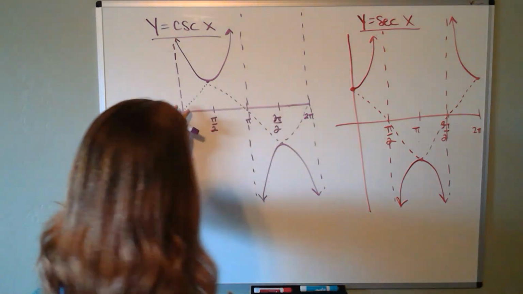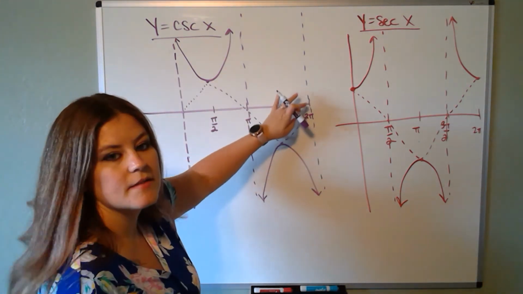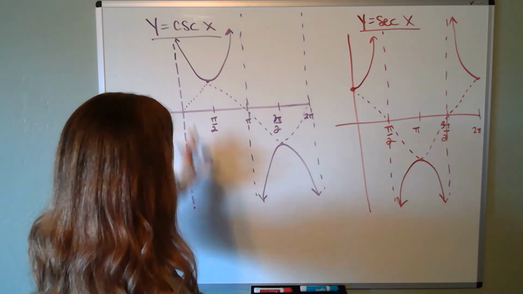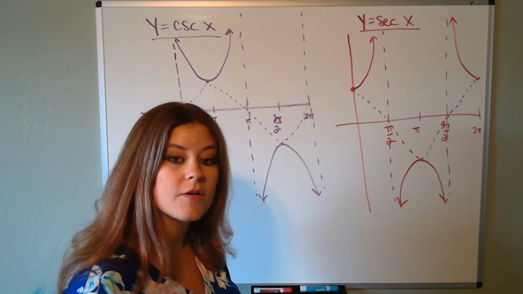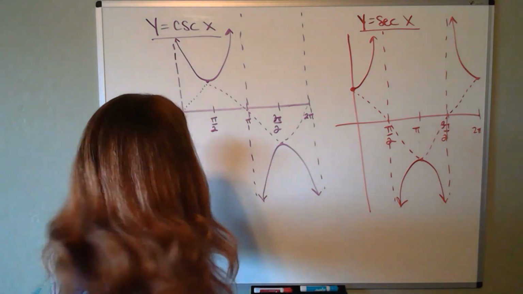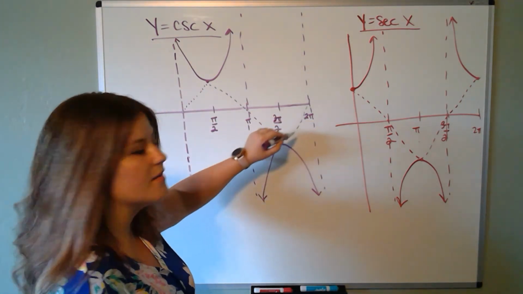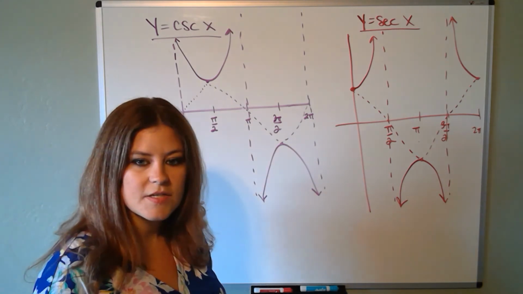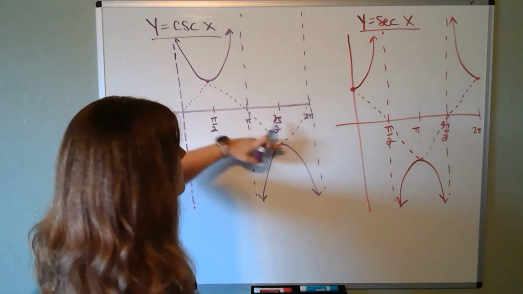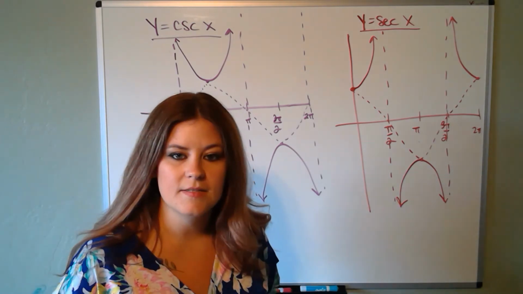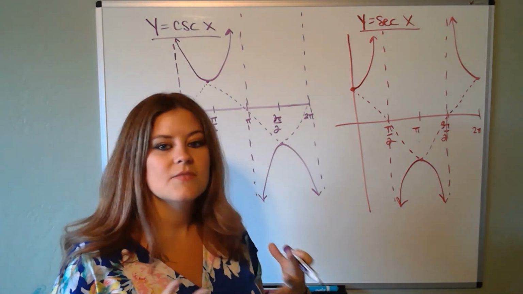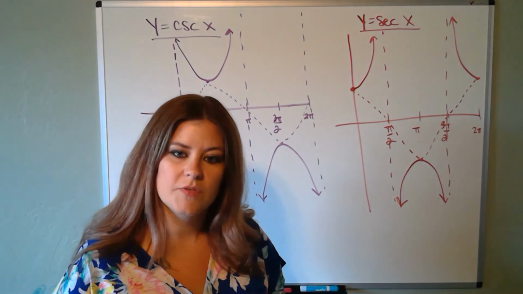So you'll notice I've got some dotted lines here. The vertical dotted lines are asymptotes, just like tangent and cotangent had. Cosecant does have some asymptotes, but this dotted wave here, this is the sine function. I like to graph the sine function in with the cosecant function to see how they're related, to see what it means visually to be a reciprocal of another function.